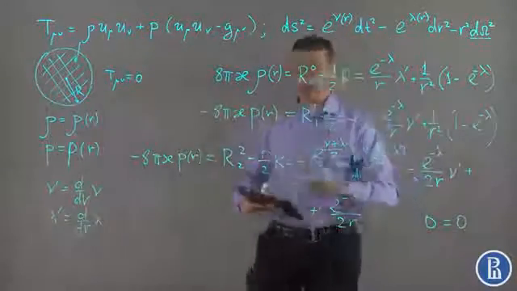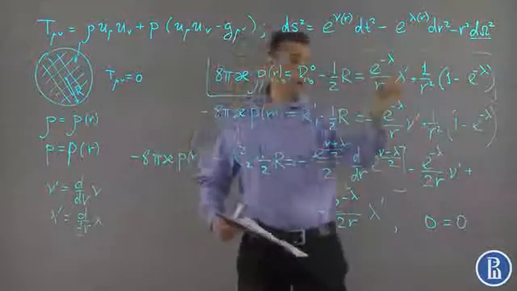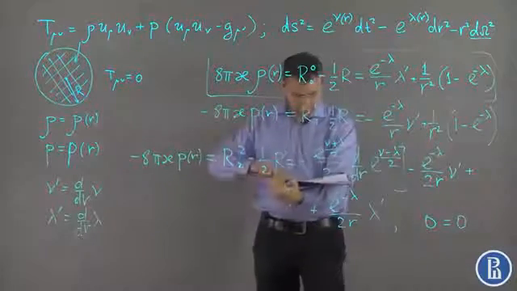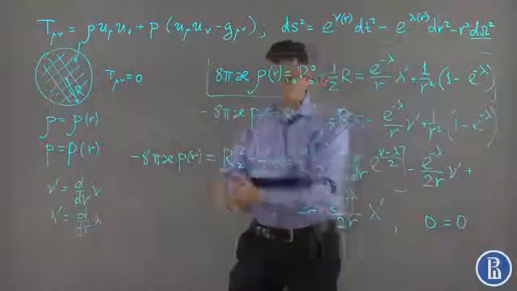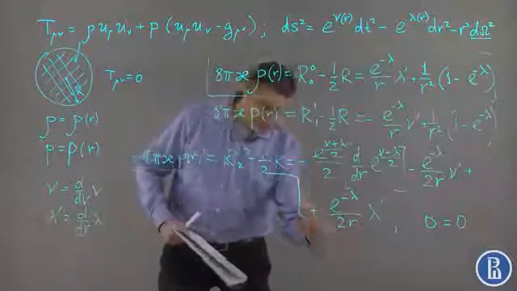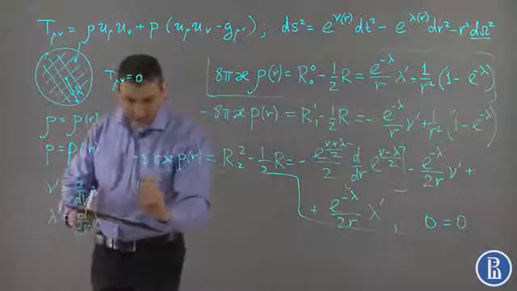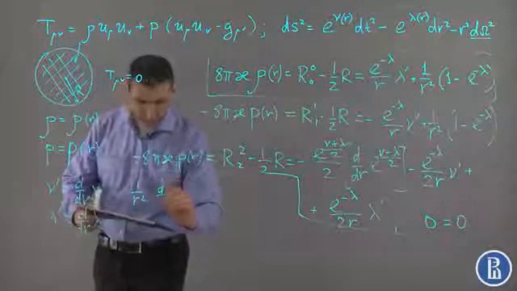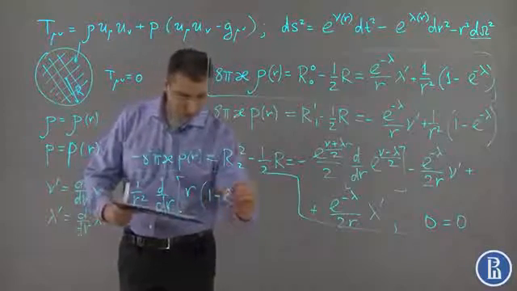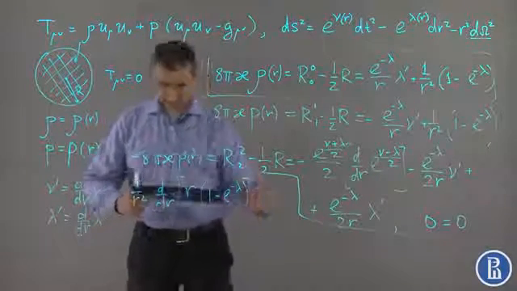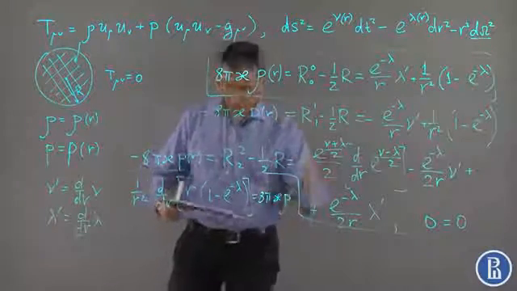So let me just start with the consideration of this equation. It depends only on λ, as one can see, and can be easily solved. First of all, it can be represented like this, 1 over r² d/dr of r(1 − e^{−λ}) is equal to 8πκρ, which is a function of r only.